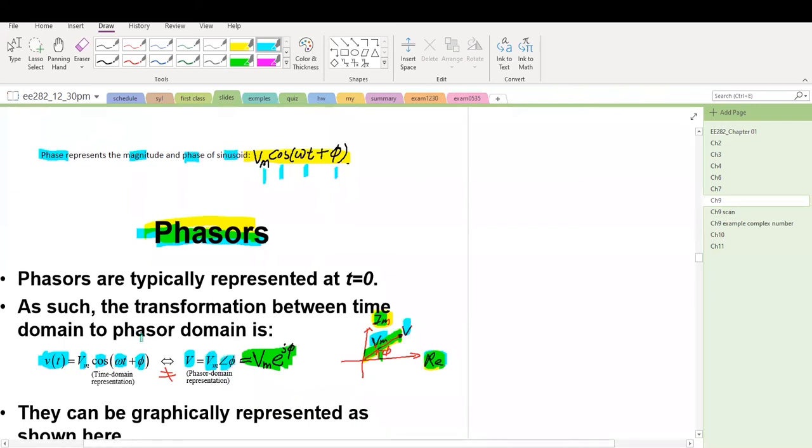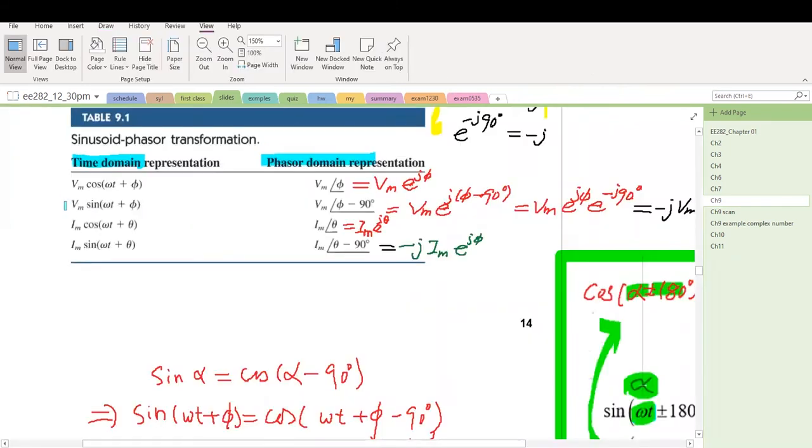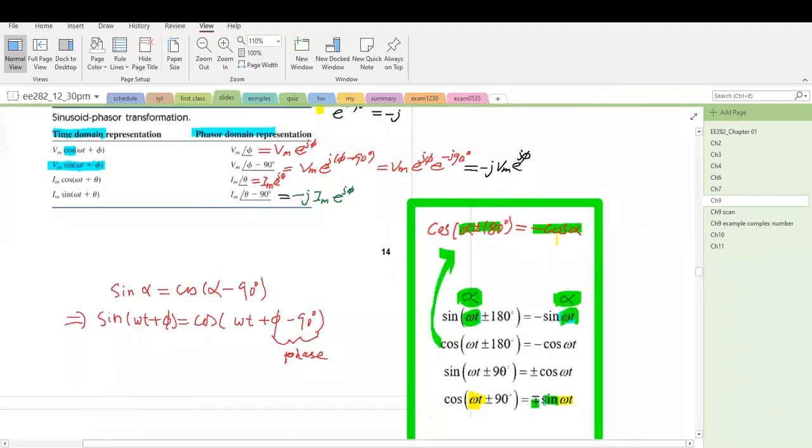Now let's look at a different format of sinusoid. What is the phasor of Vm sine omega t plus phi? In this case, we need to convert the sine into cosine using a trig identity. Remember, with all of these formulas, we work from the right-hand side to the left-hand side.